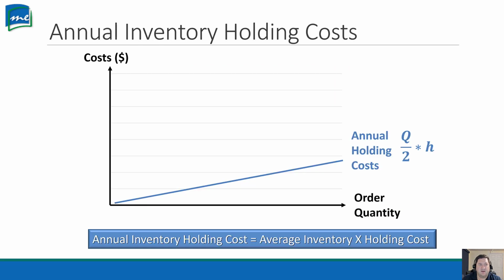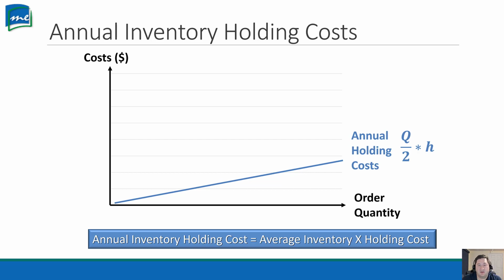So we first have to figure out our annual inventory holding costs. As you can see here, annual holding costs are going to be our average inventory times the cost to hold it. Average inventory would be our quantity divided by 2. So we have the top end and the bottom end. We either have the full amount or no amount, so we take the middle ground, the average.